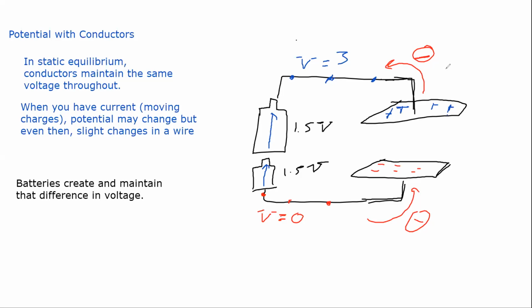So this is essentially a capacitor. You start connecting these batteries to these large sheets, and now you start having what we call capacitance. Let me more formally define this. Let's go back to my PowerPoint here.